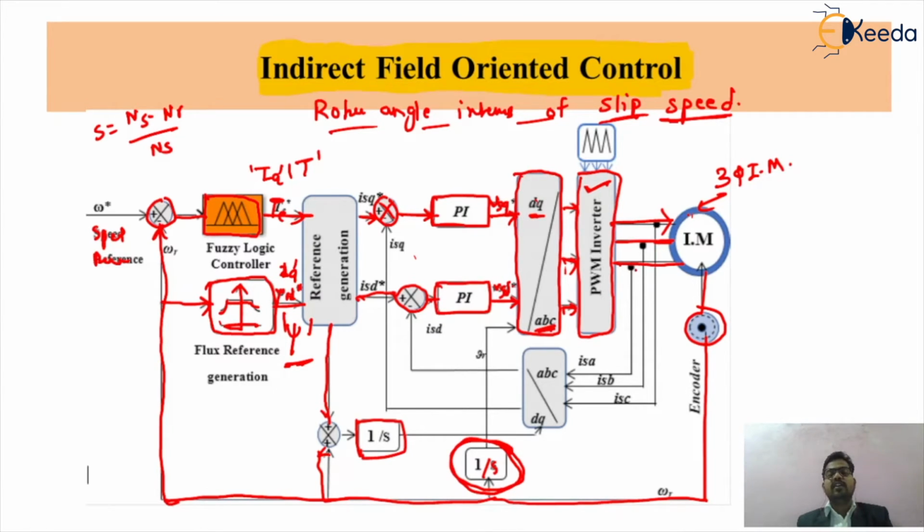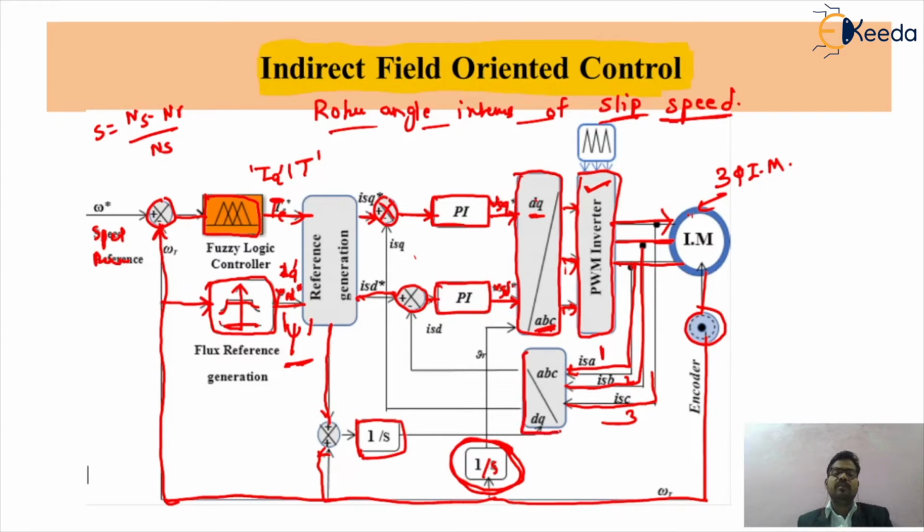Similarly, friends, we are getting the reference value of the current from the different phases, that is ISA. Okay, first of all we can understand ISA first phase, ISB second phase, ISC third phase. We are giving this reference value to your three phase block.